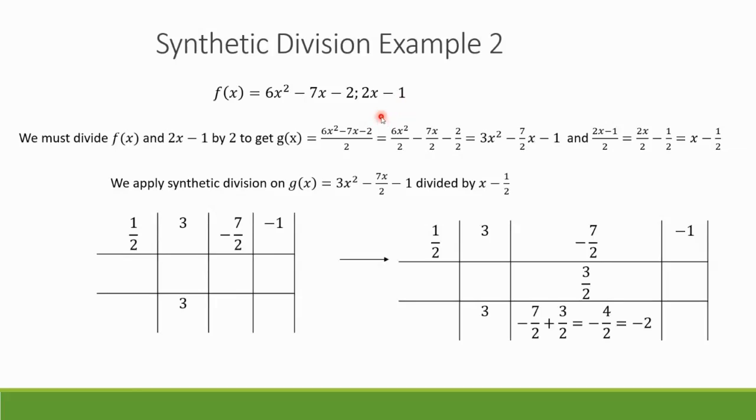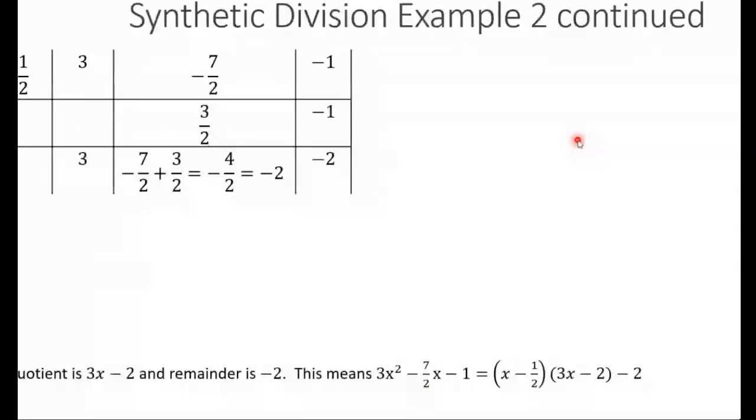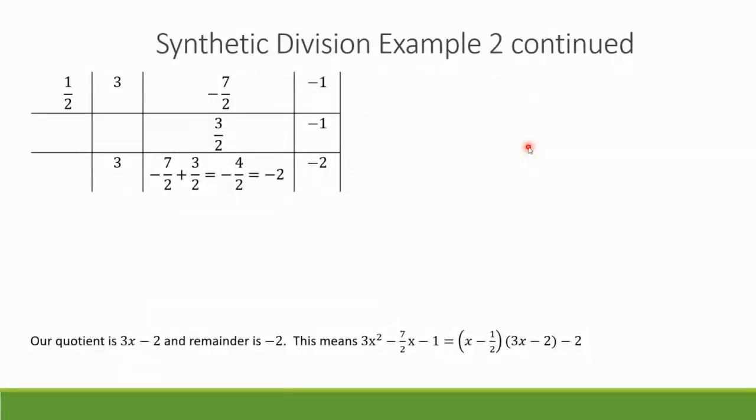But again, this is not our original divisor and dividend, right? We divided by 2. To get back, what we have to do is multiply by 2. We divided by 2, did some work. But to get back to the original problem, to answer the original question, we have to multiply by 2.